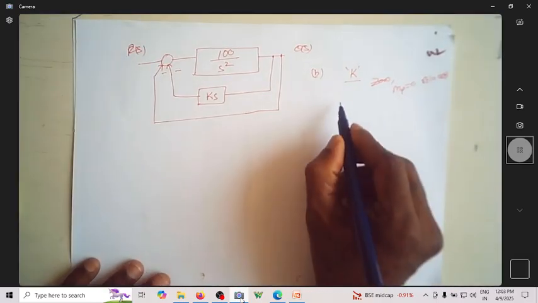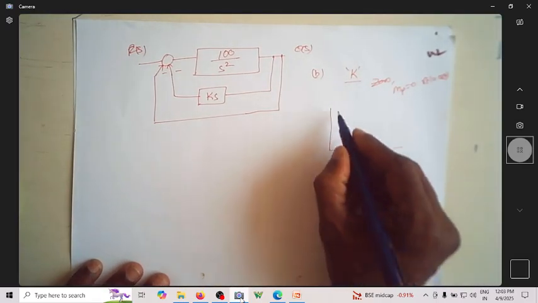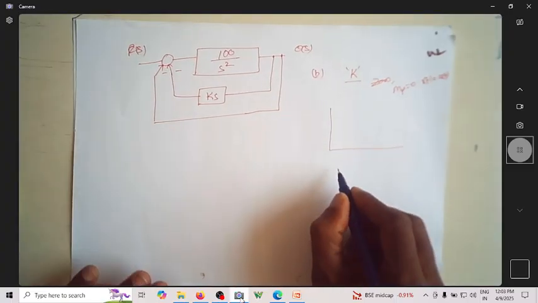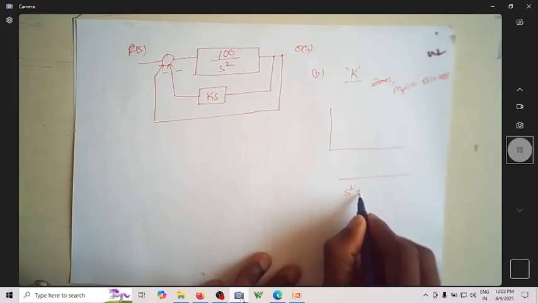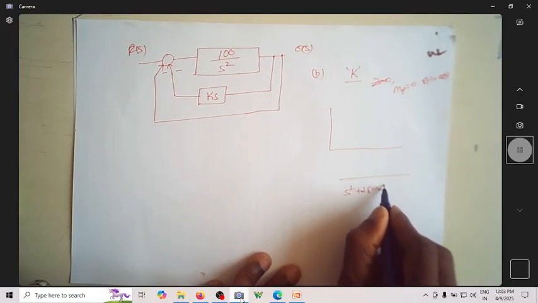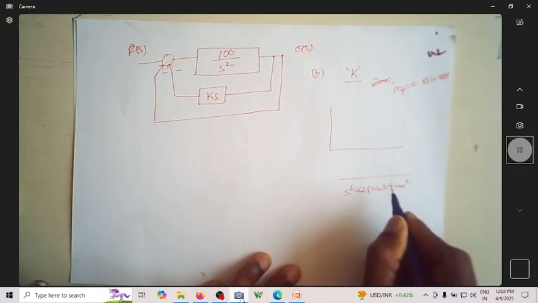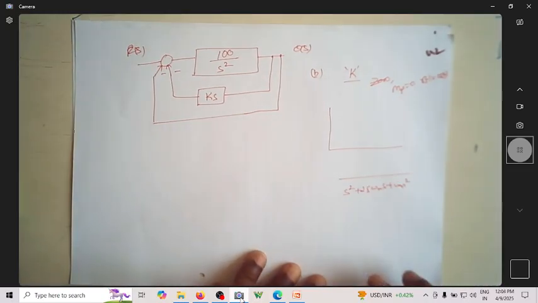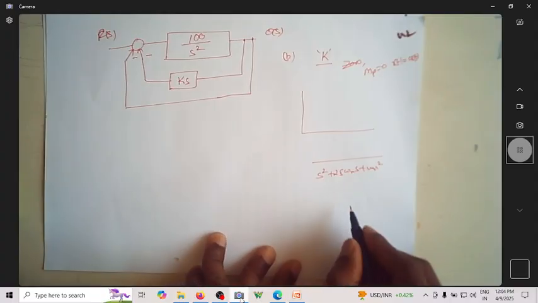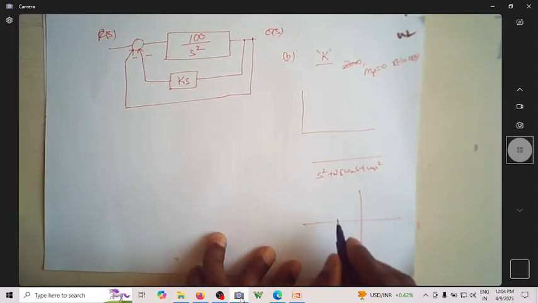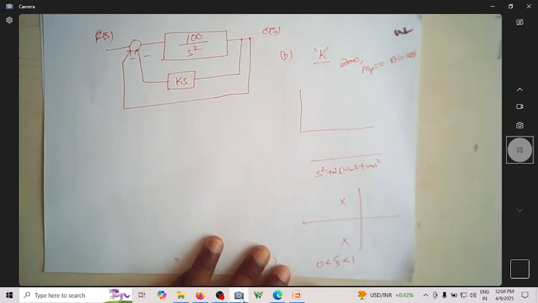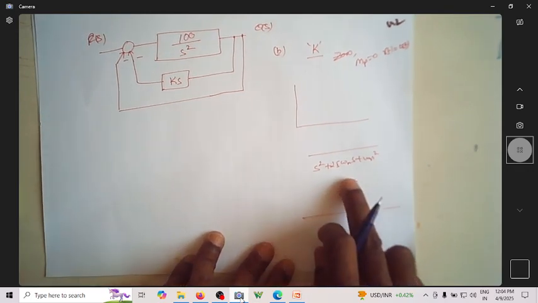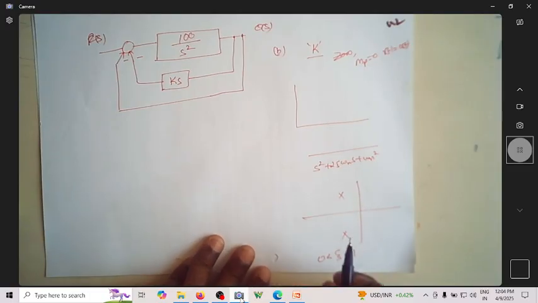We know a second order system has its denominator as s square plus 2 zeta omega n s plus omega n square, which results in poles at complex positions where the value of zeta is between 0 and 1.